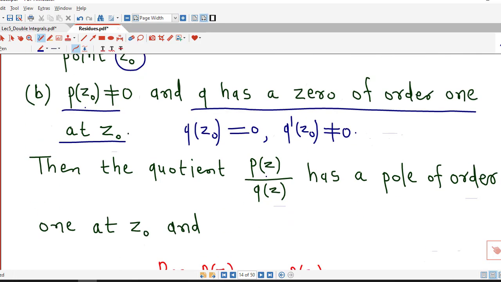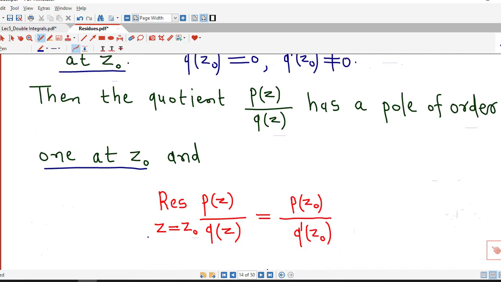Then the quotient p(z) over q(z) has a pole of order 1 at z0, and the residue of p(z) over q(z) at z0 is given by the value of p at z0 divided by the first derivative of q at z0.